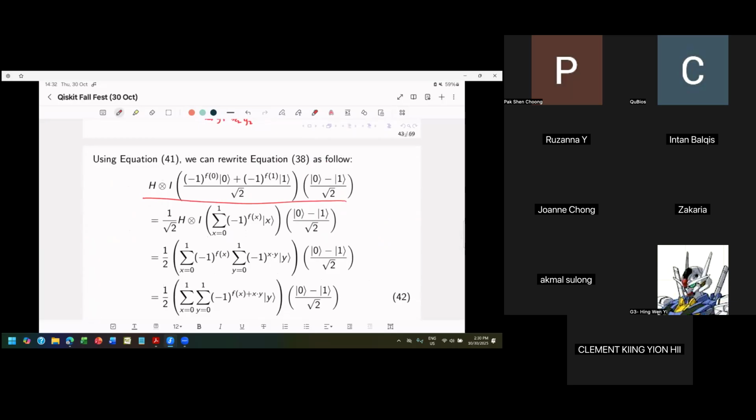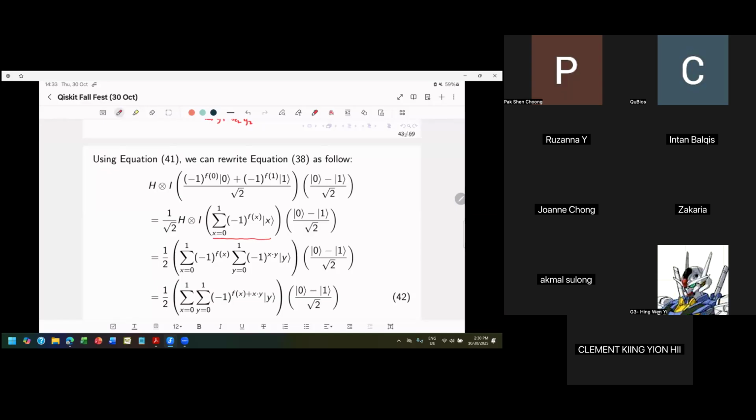So over here, the first equation, we simplify it back to the summation form. Of course, the 1 over square root 2 is just a constant, so you can move it out. When you do the simplification, you can write it into this particular summation.